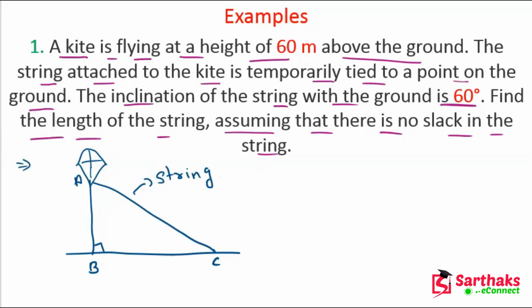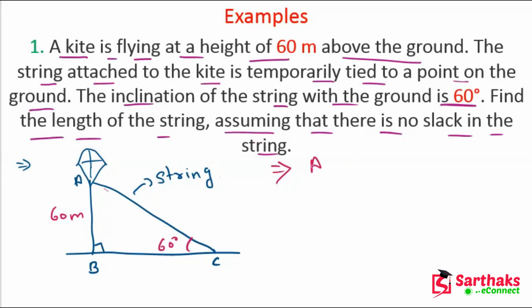We know that the height of the kite from the ground is 60 meters, and the angle of elevation is 60 degrees. Now we have to find AC. For finding the value of AC, first of all we have to write the given conditions.